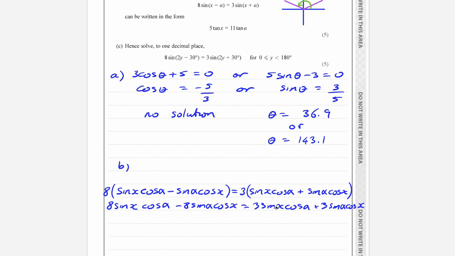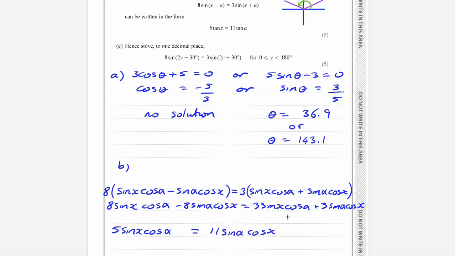Then these are like terms. So we have 8 sine x cos alpha, and here we have 3 sine x cos alpha. If I subtract that over here, I get 5 sine x cos alpha. That's my 8 sine x cos alpha minus 3 sine x cos alpha. And then if I add this over here, I get 11 sine alpha cos x. Now we're nearly done.